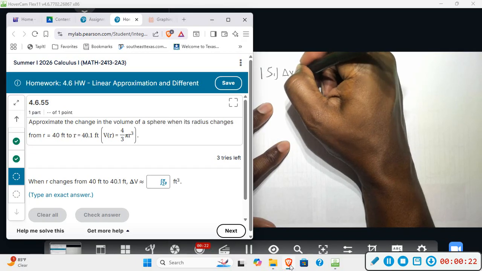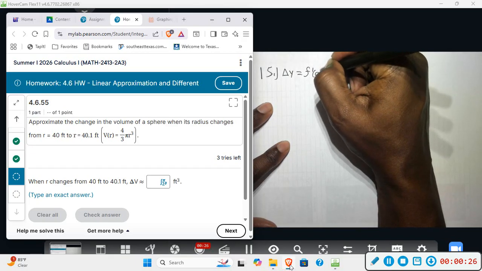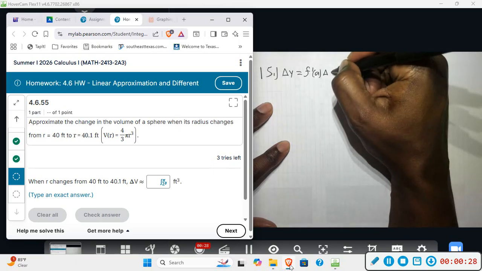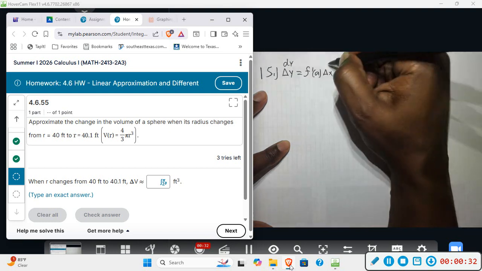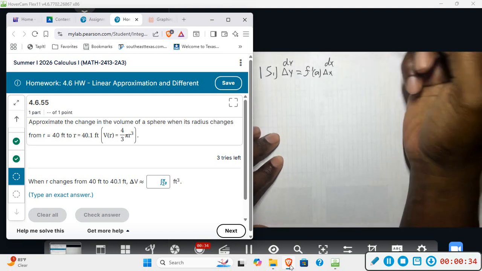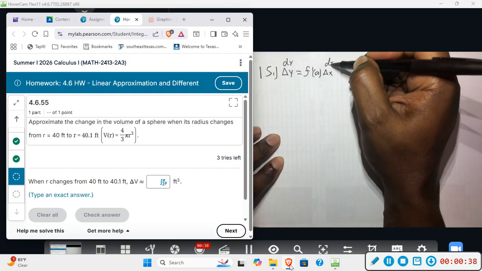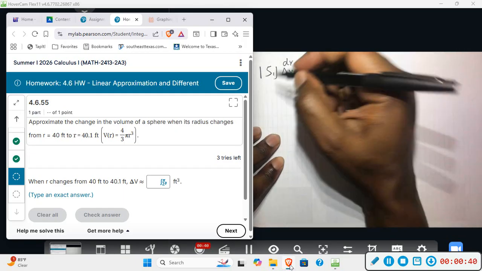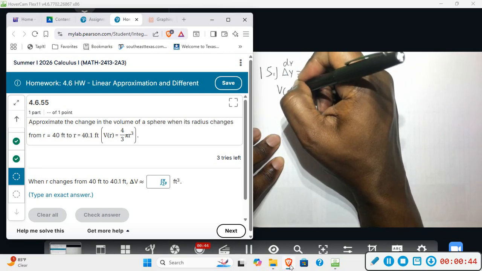Change in y is equal to f prime of a times the change in x, or delta x. And you might see in the text dy, and they might call this dx. Similar, but all we need to do is find the derivative and then multiply it times the difference in the two x values.